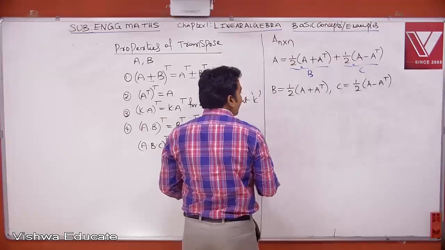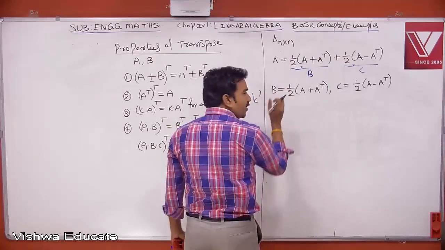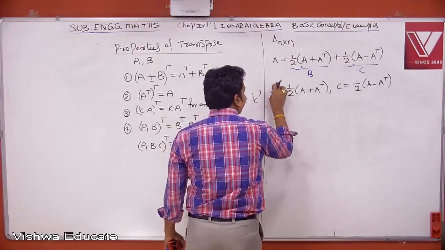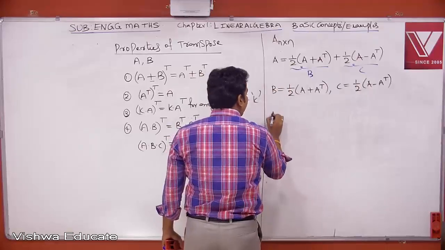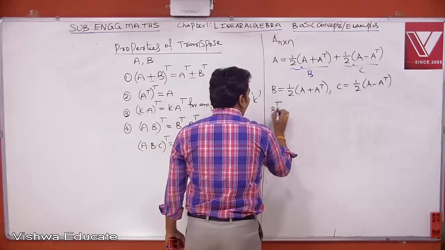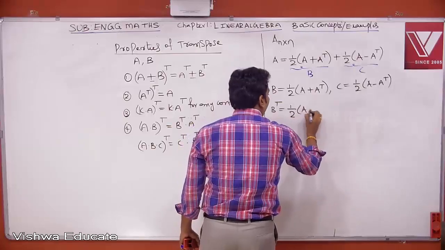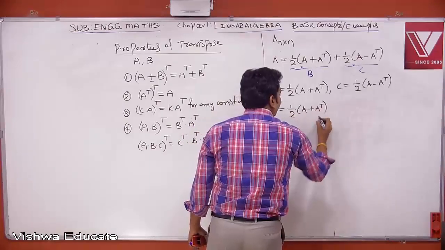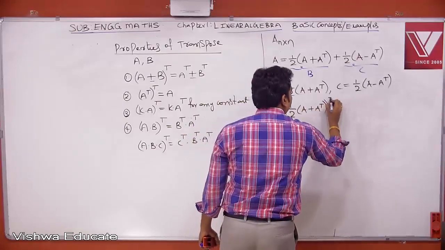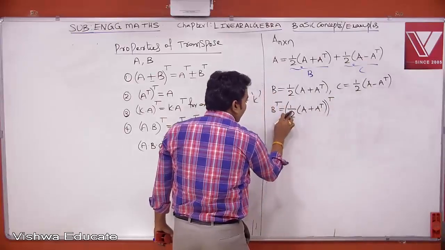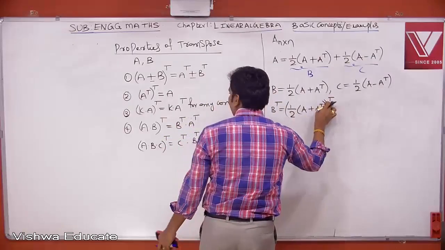So in this case, when I go for its properties, I can easily get its transpose. When I go for B transpose, I can get it as half into A plus A transpose whole transpose. This is constant into matrix whole transpose.